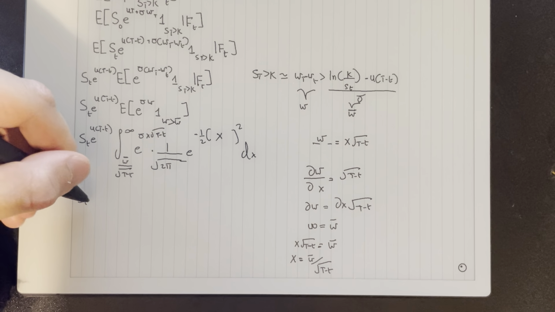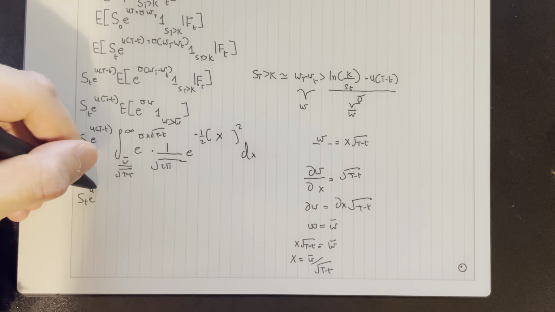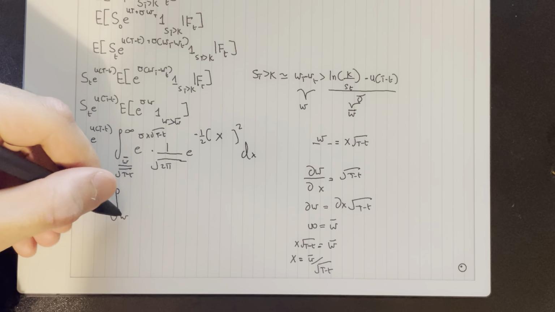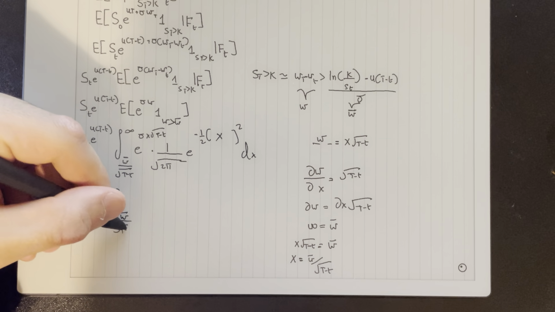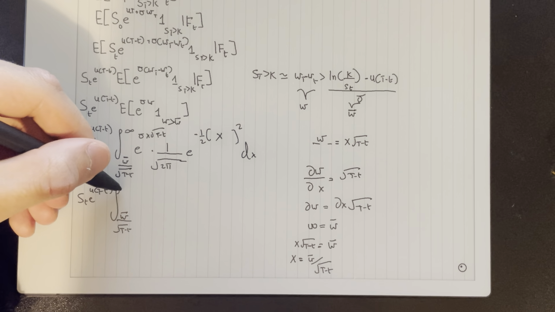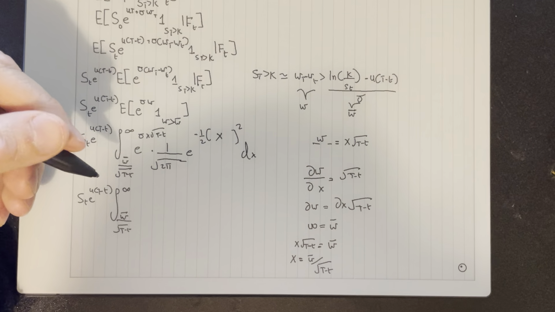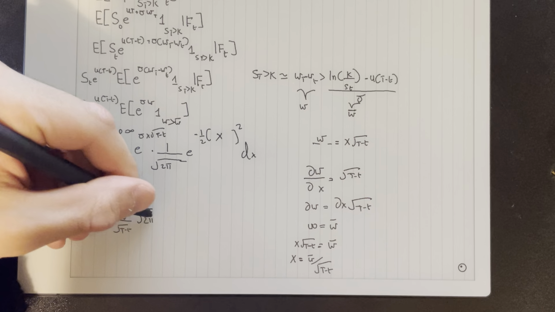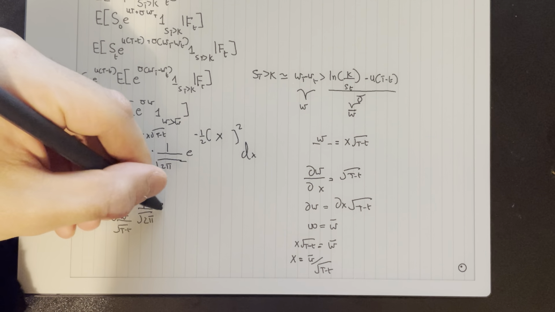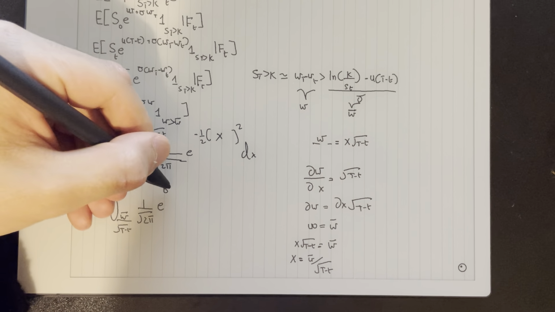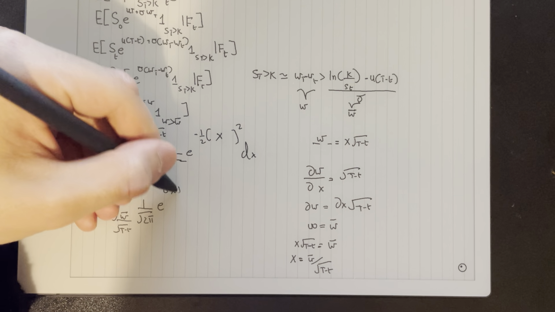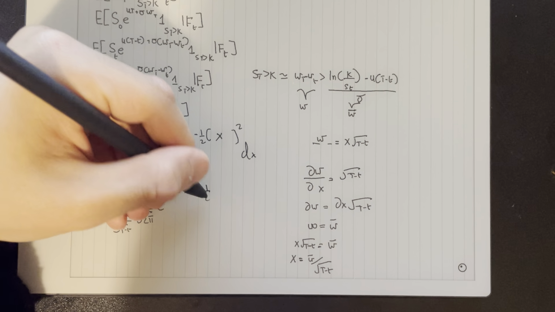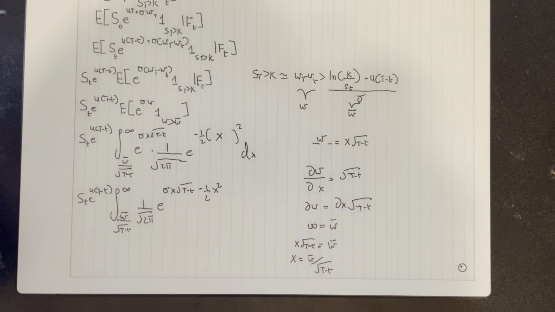So we have St e to the power of mu multiplied by little t, multiplied by the integral of square root of T minus little t up to infinity, 1 over the square root of 2 pi e to the power of sigma multiplied by x t minus a half x squared.